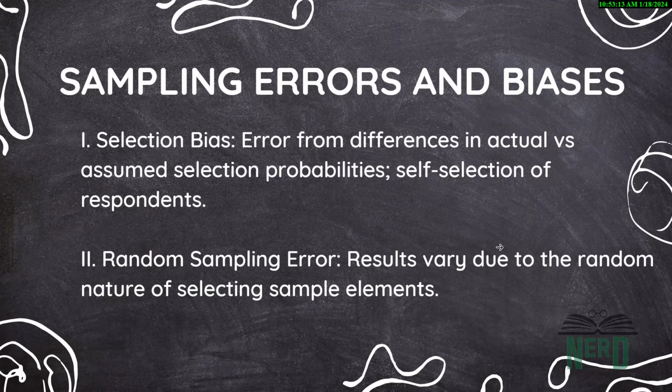In a survey, it's when only certain types of people end up responding, which can ruin the result, right? And we have random sampling error. Even if you randomly choose people for your group photo, each shot might look a bit different, right? Similarly, in a survey, random selection can lead to variation in results.